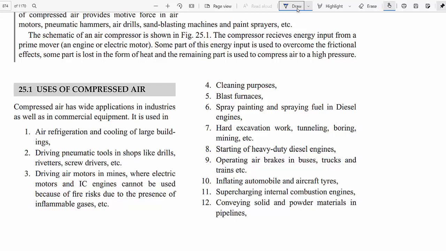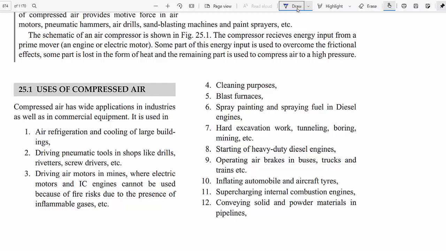A railway engine is a multi-cylinder engine, unlike a single cylinder engine. Nearly 12 cylinders are there, and each cylinder capacity is nearly 15 liters or 25 liters. 25 liters converted to cc is very large.